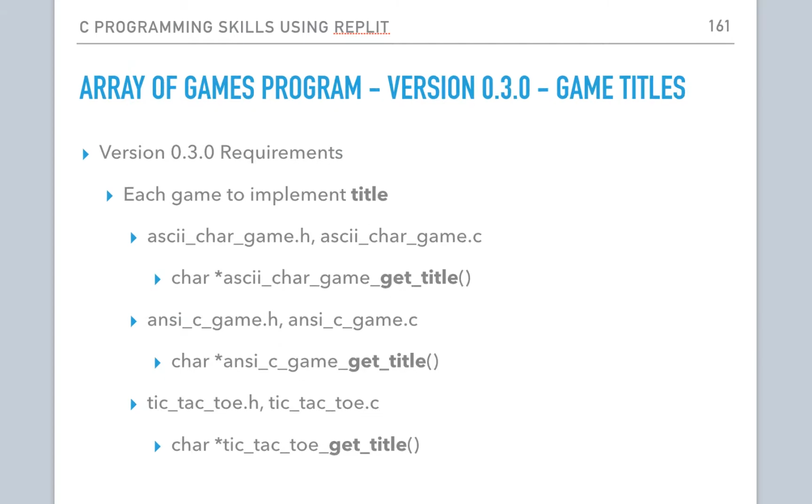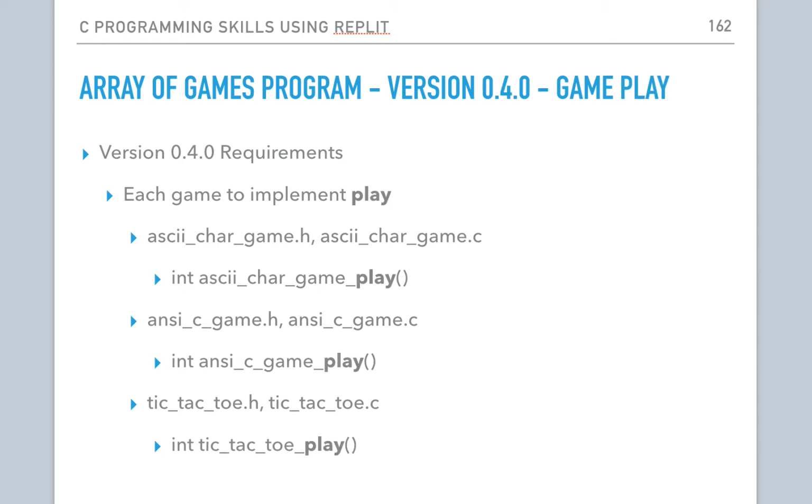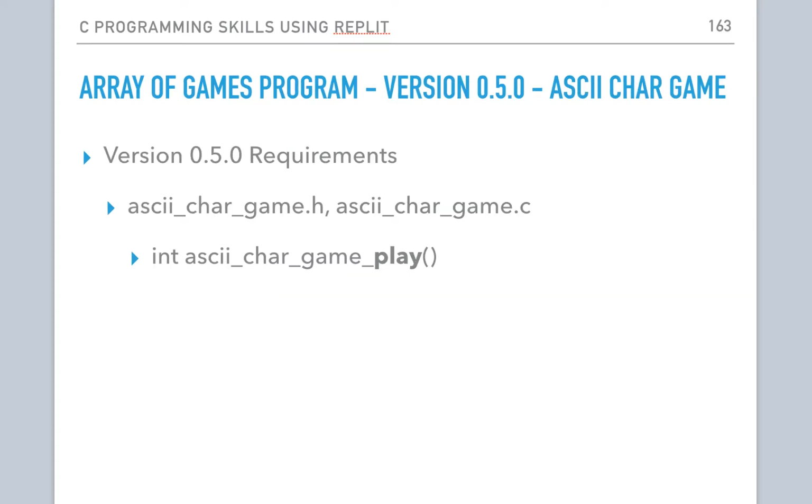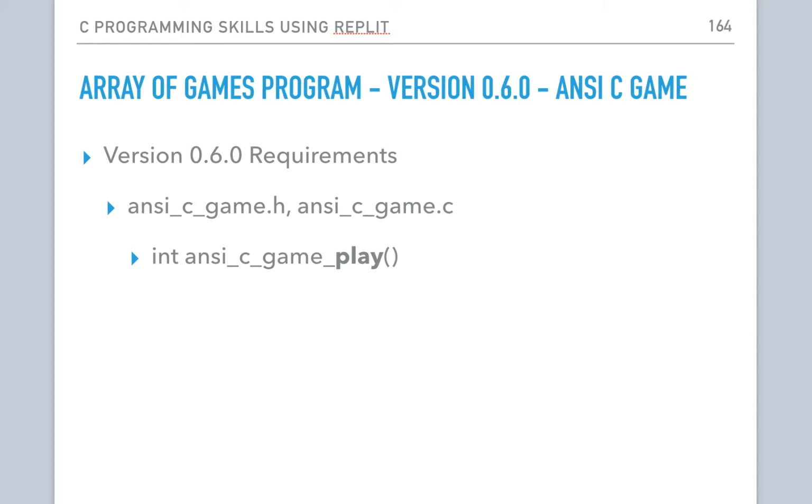We then added a function called getTitle, where we can get the titles of the different games. We added a play function where we could actually play the game. And the one we implemented in the previous video was this version 0.5, where we could play the ASCII character game. So that brings us up to this lesson.